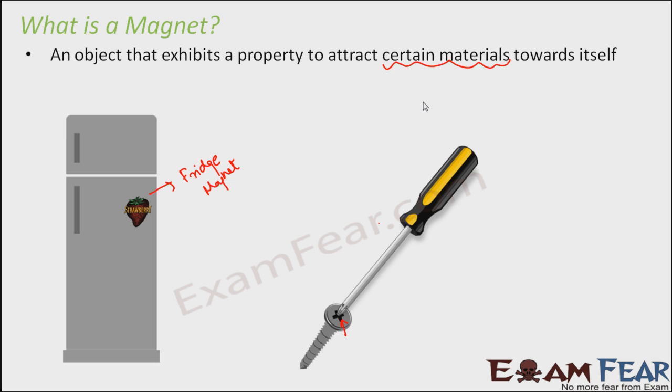Even these nails are made of iron. These materials get attracted towards the tip of the screwdriver, and that helps the screwdriver do its job. Here also the tip is actually a magnetic tip. There is a small magnet at the tip of the screwdriver.